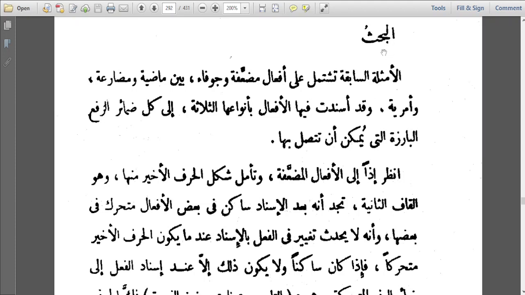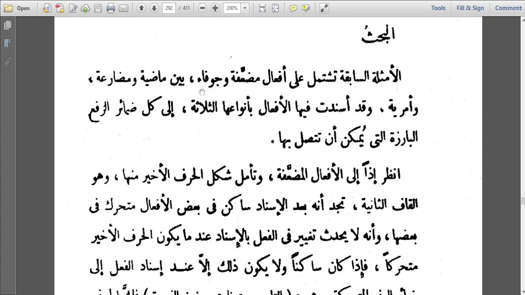It says here الأمثلة السابقة تشمل على أفعال مضاعفة وجوفاء. So he says that the previous verbs, they contain af'al mudha'afa and also jawfa.